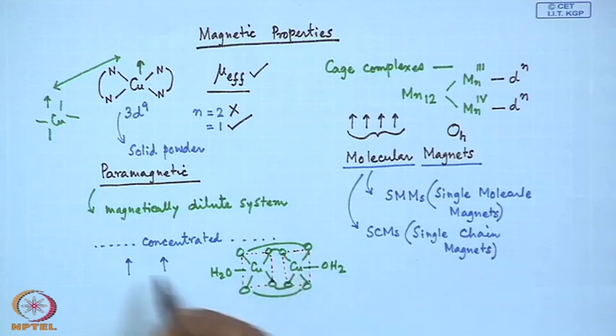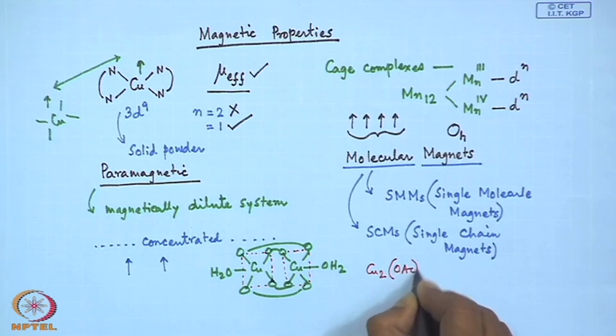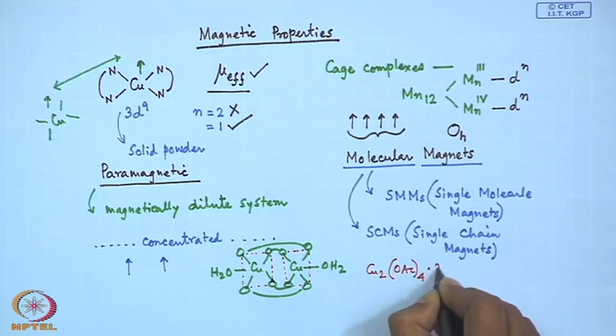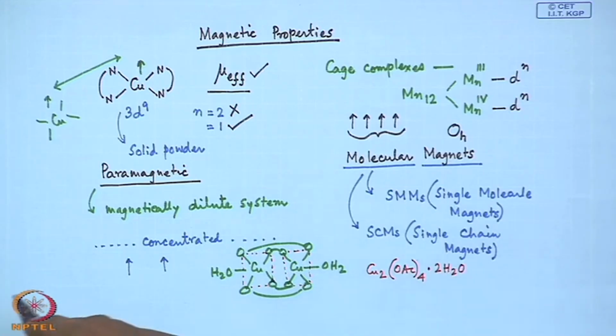And so, we find that individual magnetic orbitals on one copper center is interacting with the second one. So, this is Cu2(OAc)4·2H2O. This is the basic structure of simple copper acetate salt, which is basically a dimeric one.